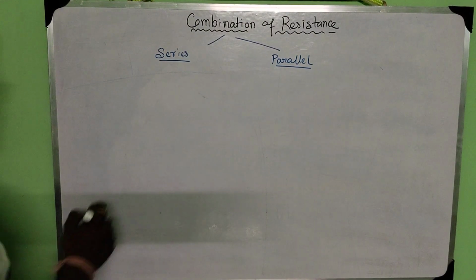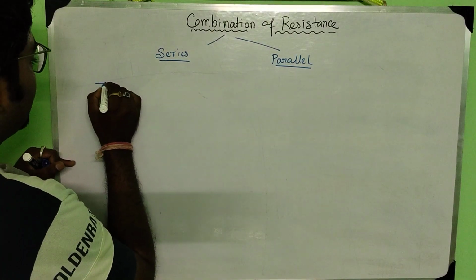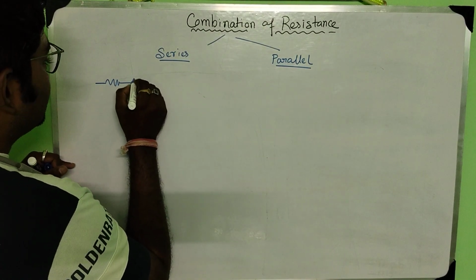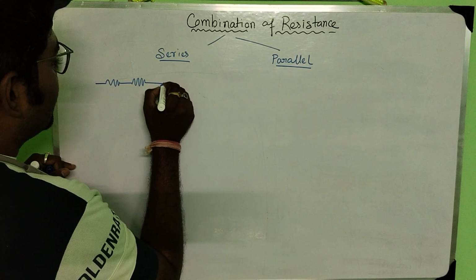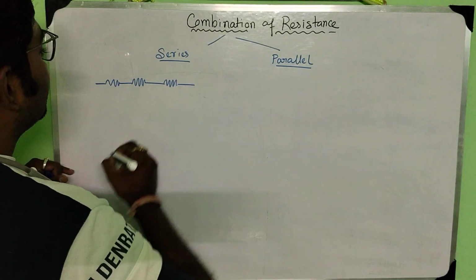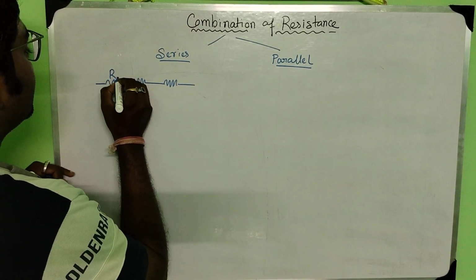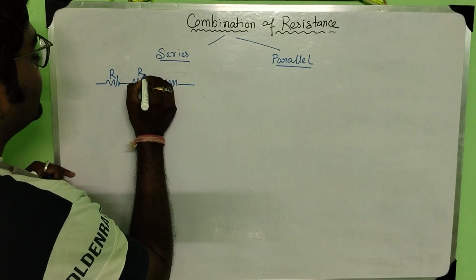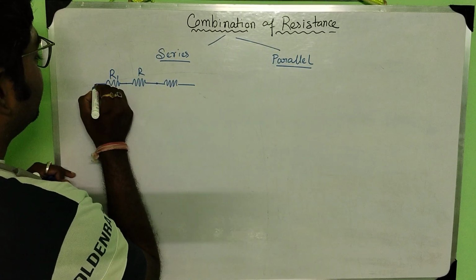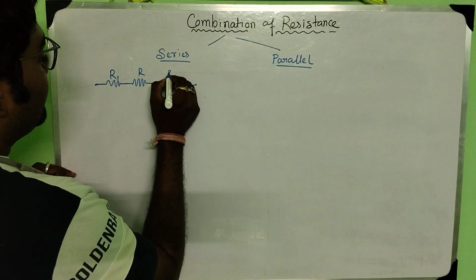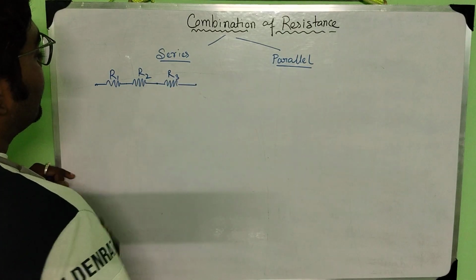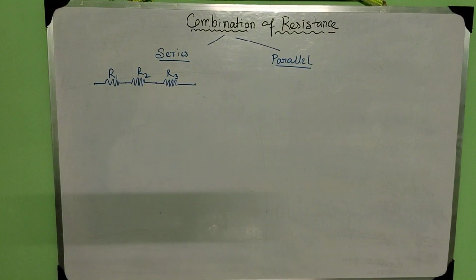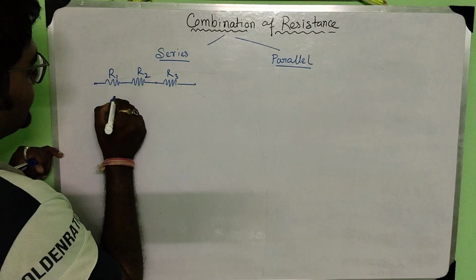We know that in case of series combination, the resistances are connected in series, end-to-end connection.